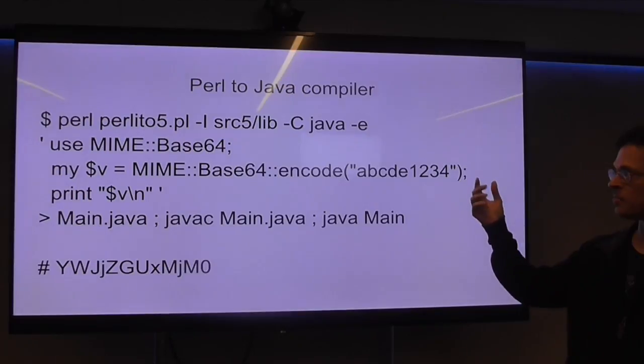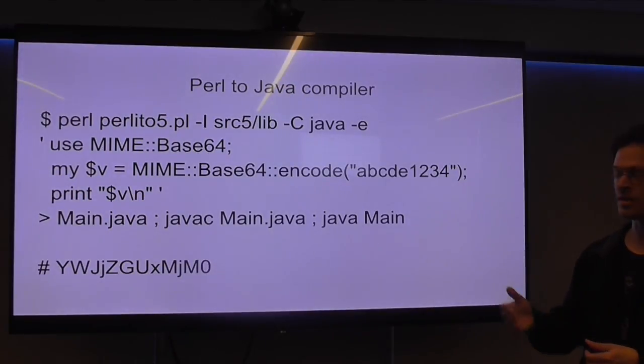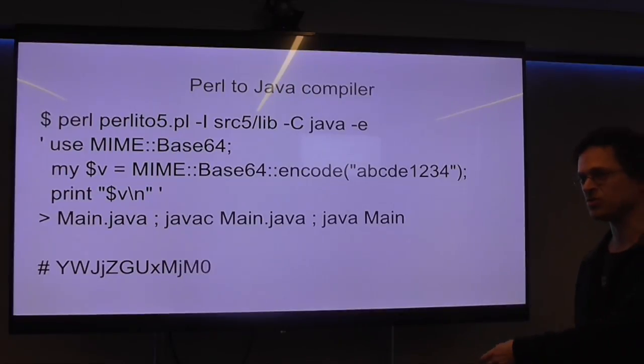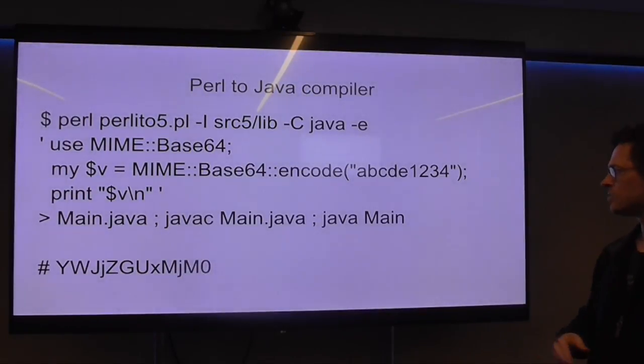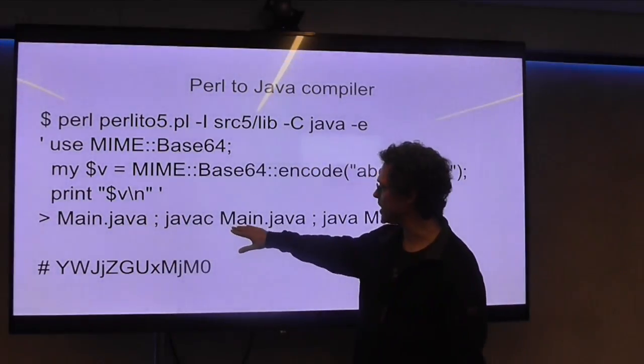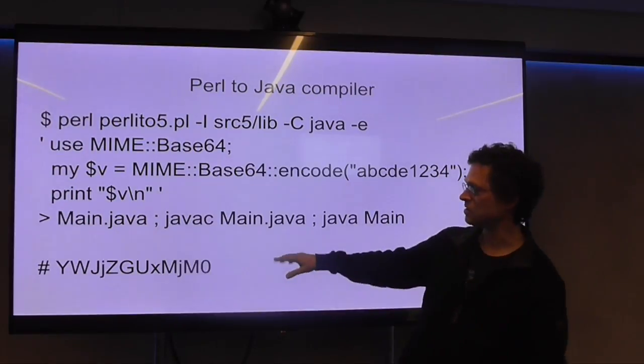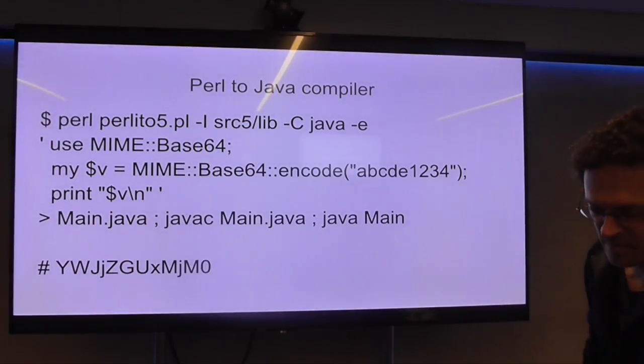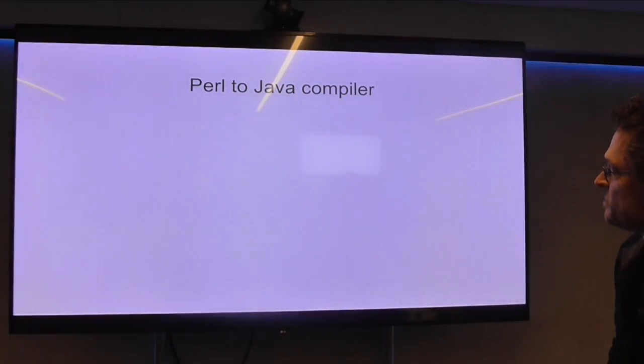When Perlito finds this module in the shadow directory, it will use the Java implementation instead of XS. So you get the same result. Here the code is being piped to Main.java, we compile Main.java, and then you get the same behavior.